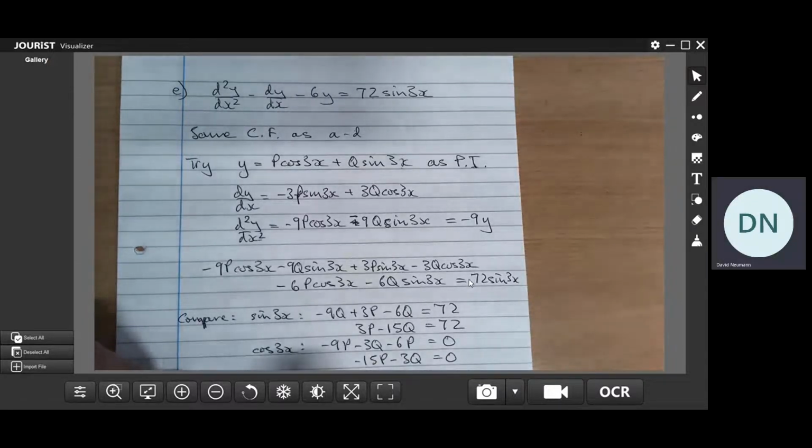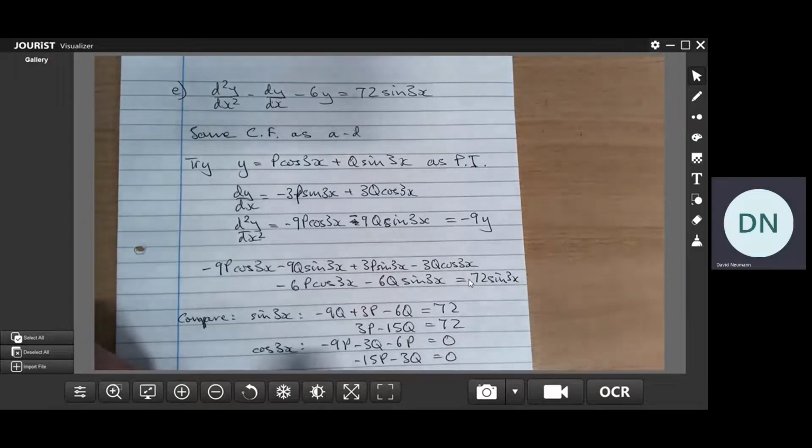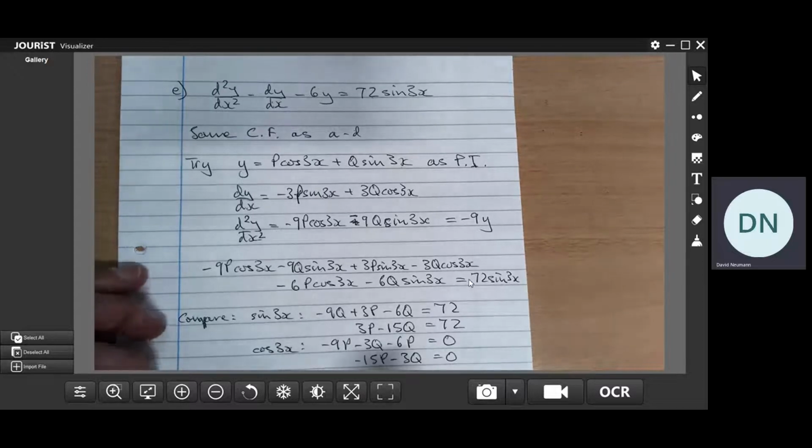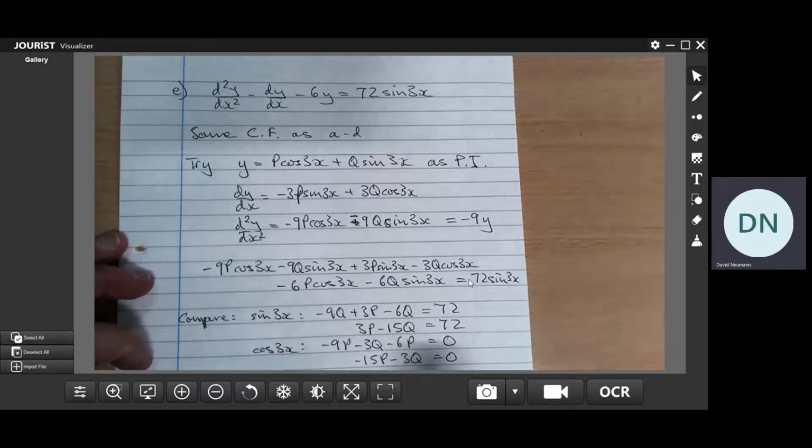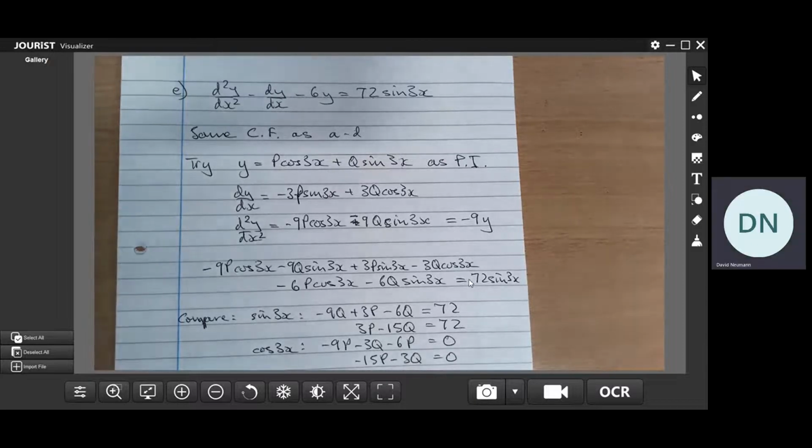Okay, 26p is equal to 120, so p is equal to 120 over 26, which is, oh, I don't think I've got that right.